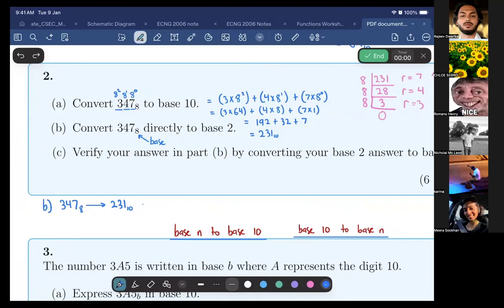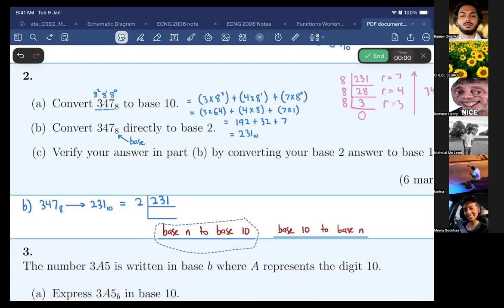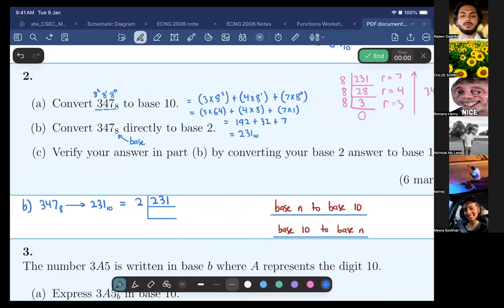You would divide it by 2? Right, repeatedly. So how many times could 2 go into 231? Selma, you can use a calculator, you know.